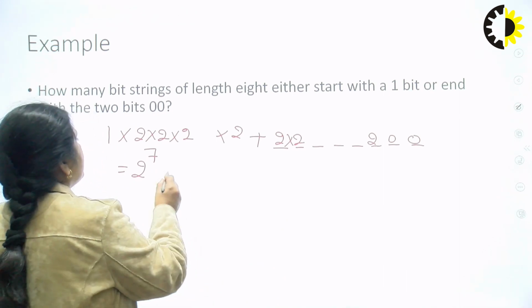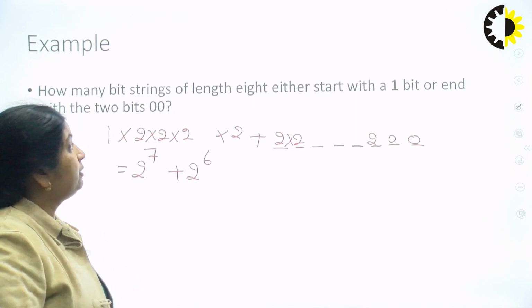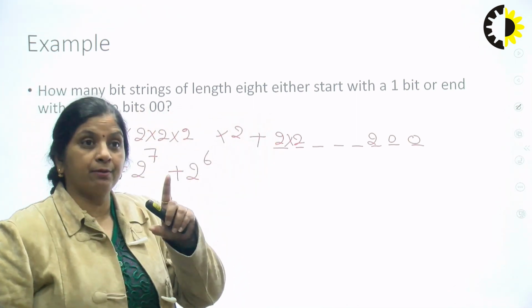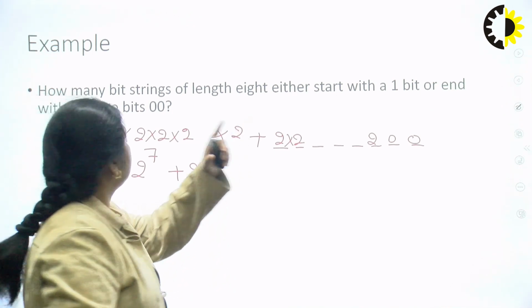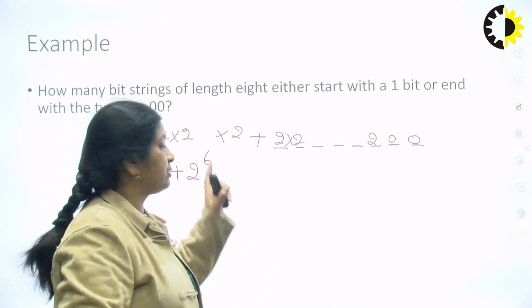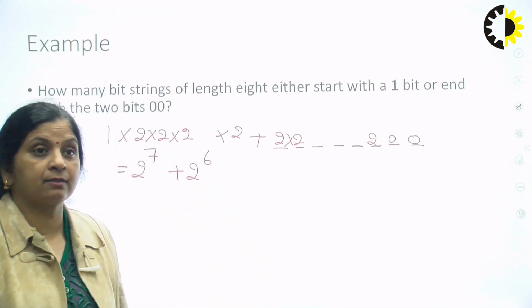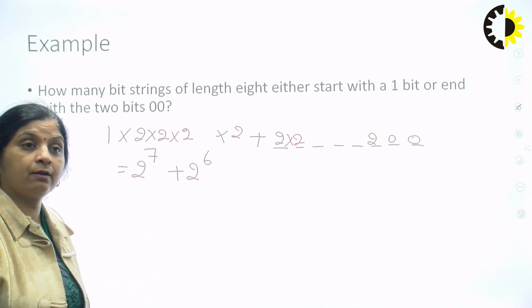So what are we talking about? All the strings starting with bit 1 have 2 to the power 7 possibilities. All the strings with last 2 zeros have 2 power 6 possibilities. So this is the total number we can find out.